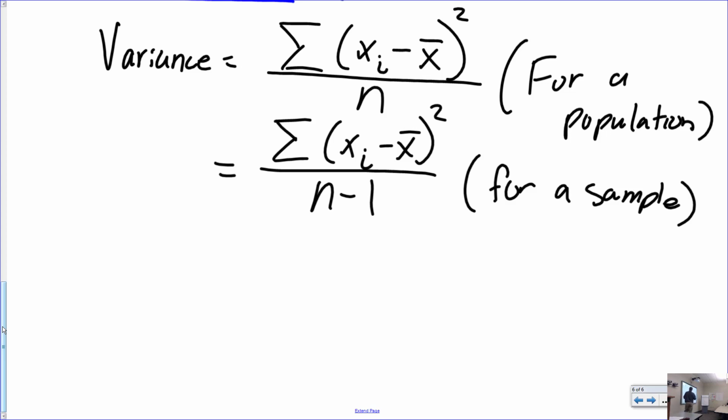All right, now, I'll speak next class about what the difference between those two is a little bit, just so that you can get used to it. But the idea is that we're using these values to calculate variance.